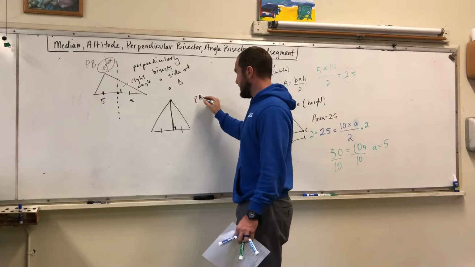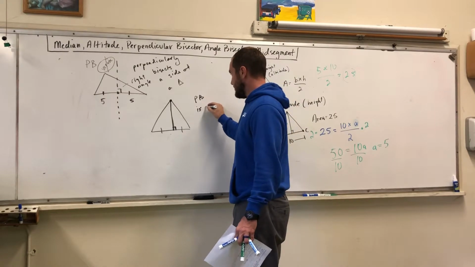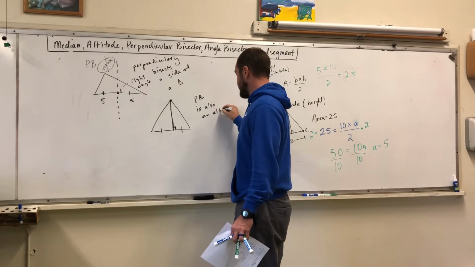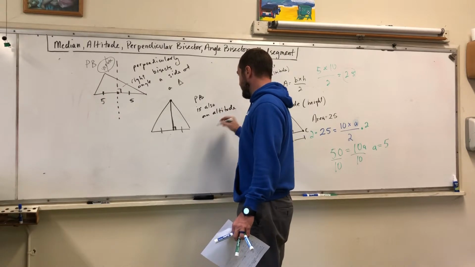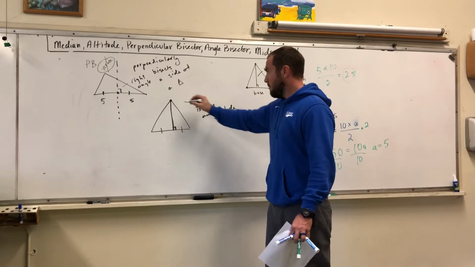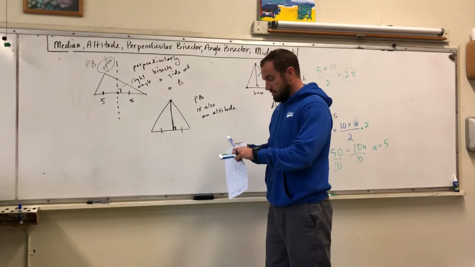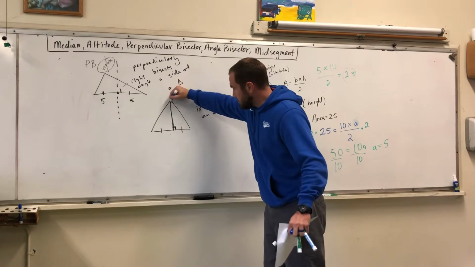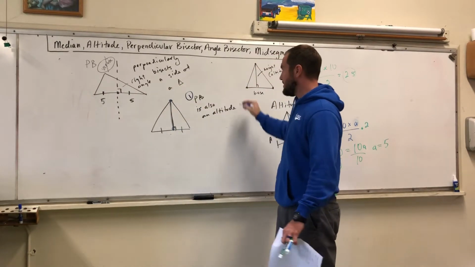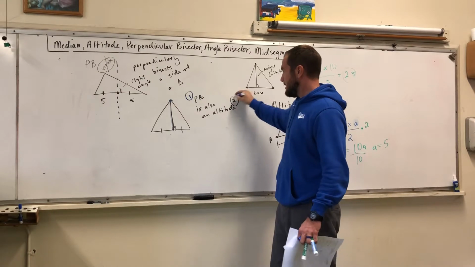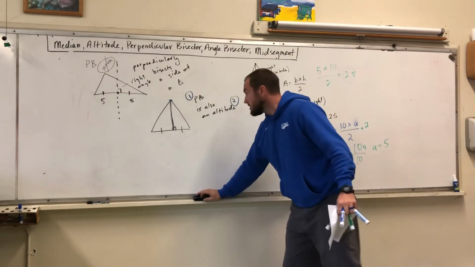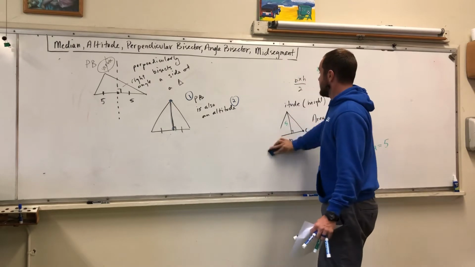So actually in this case, our PB is also an altitude. So here you have a case, and you may see other cases as well, where one piece of a triangle represents two things, a perpendicular bisector and an altitude.